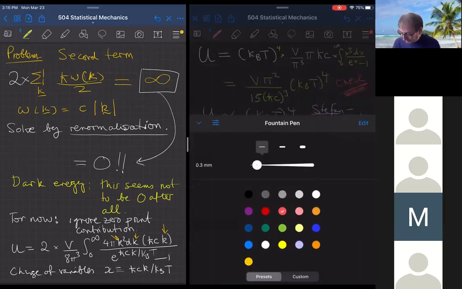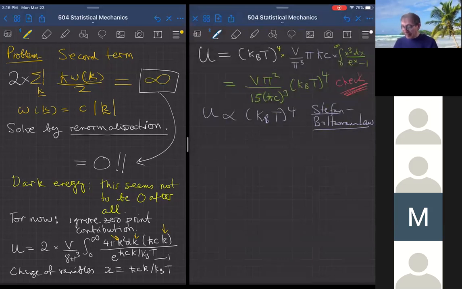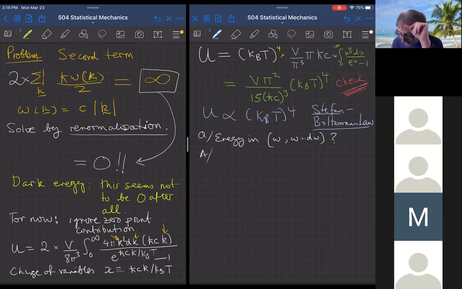So anyway, you can check these numbers to make sure that I did it correctly. Okay, so let's write down now what is the energy in the frequency interval from omega to omega plus d omega. And the way I'm going to answer that is I'm going to make a change of variables, because omega is equal to ck.